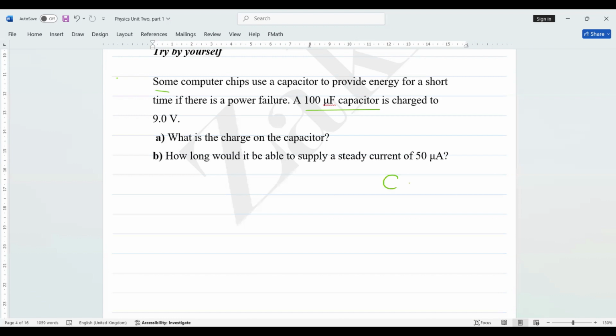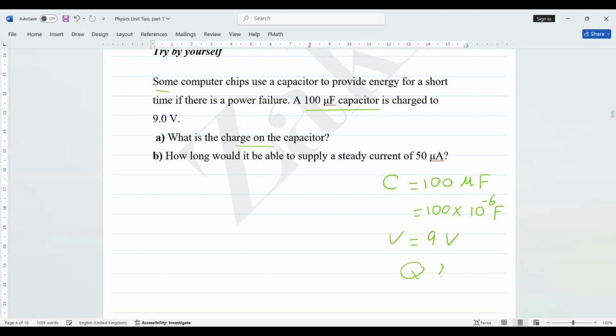So C equals 100 microfarad. I advise you to convert it to farad. Then it's 100 multiply 10 to the power negative 6 farad. Charged to 9 volt, then the voltage is 9 volt. What is the charge on the capacitance?